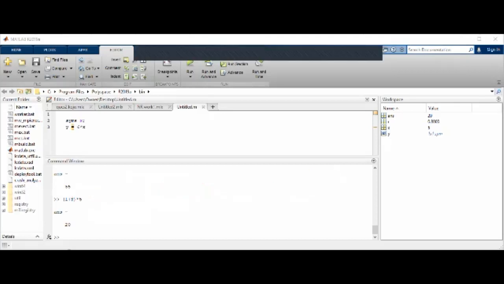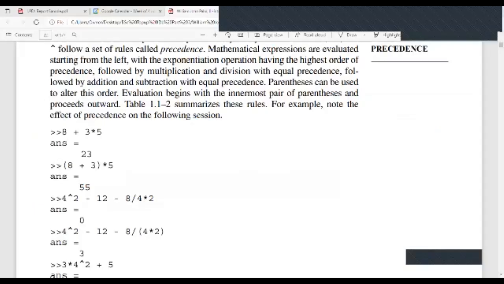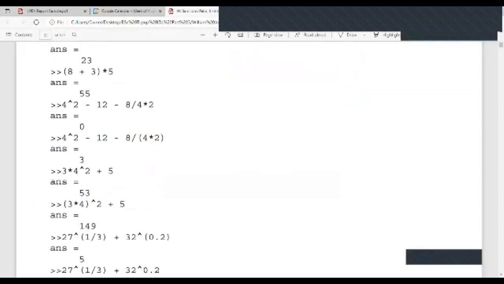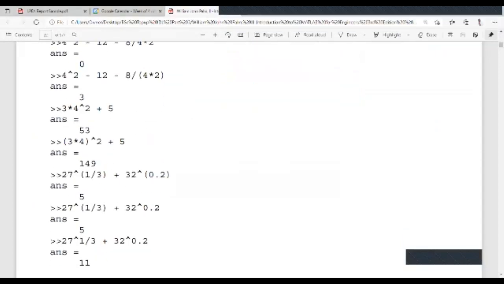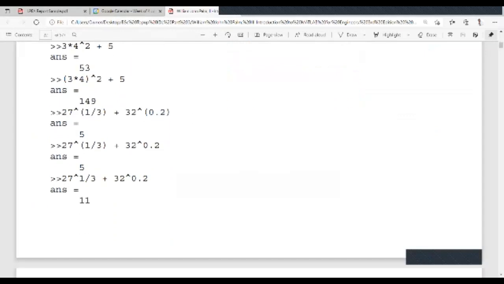Okay, so let's go back to the slides. So all the division signs that we are doing, try them.